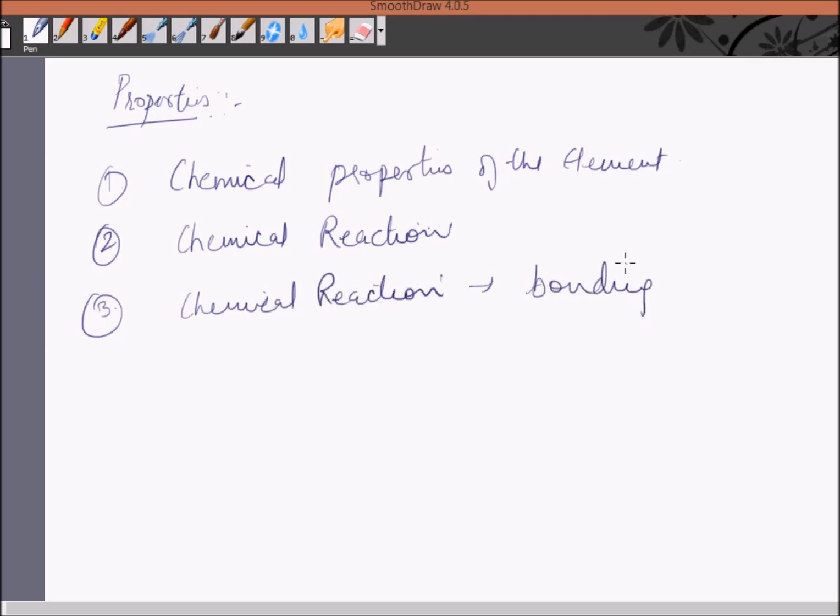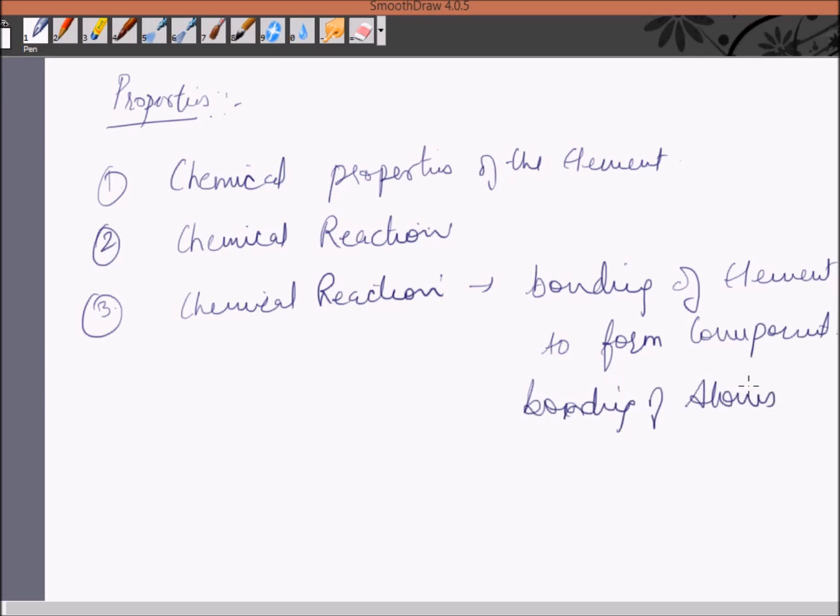Bonding of elements to form a compound, or you can say bonding of two atoms to form a molecule, right?